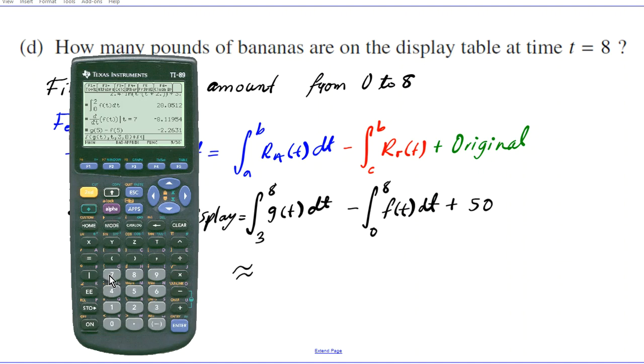We're integrating f of t, variable of integration is t, lower bound is 0, all the way to 8. And then we'll add our constant, which is 50. Wait a minute, we have to subtract the rate of removal, so minus. Okay, press enter.